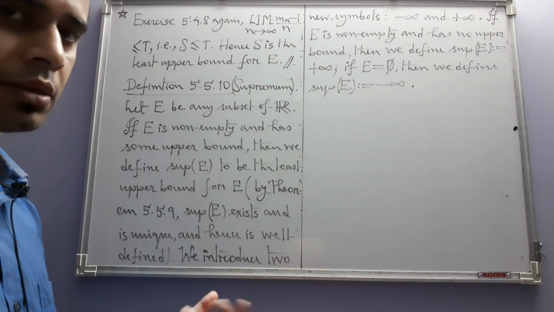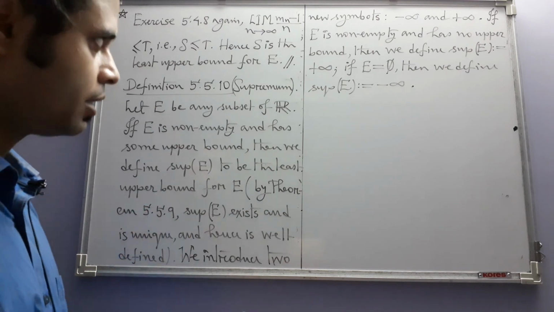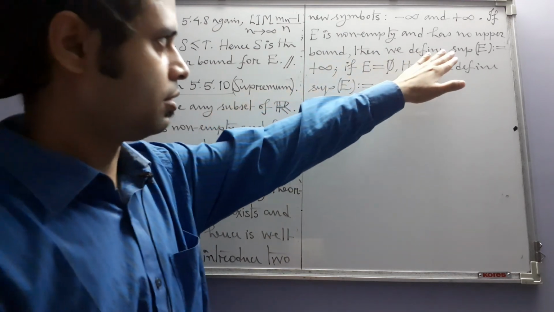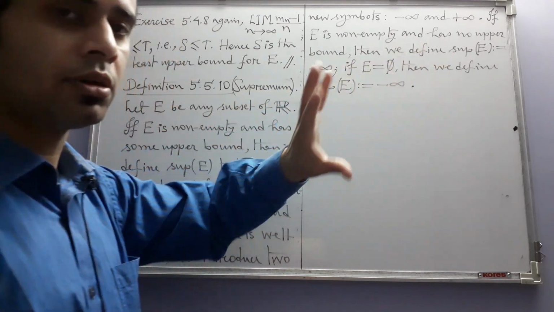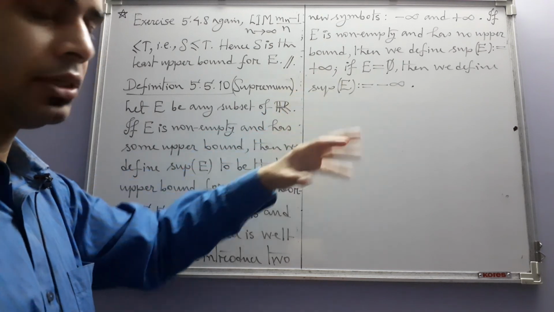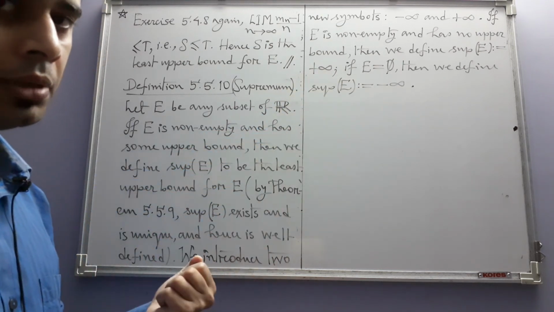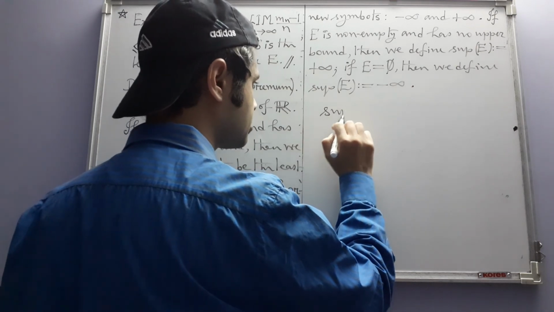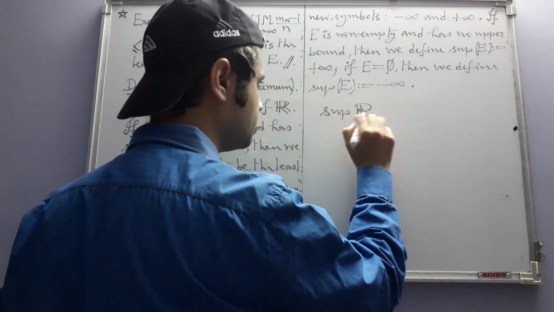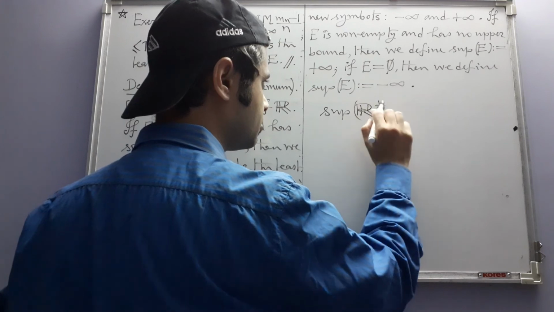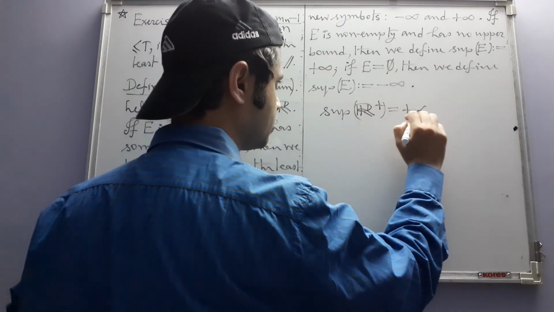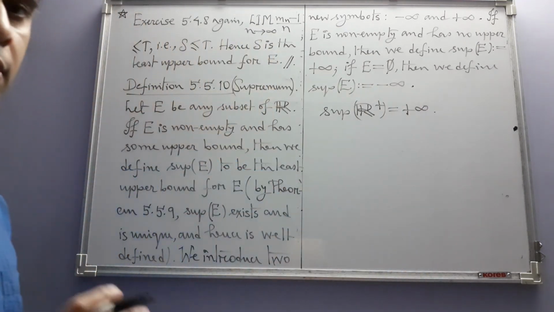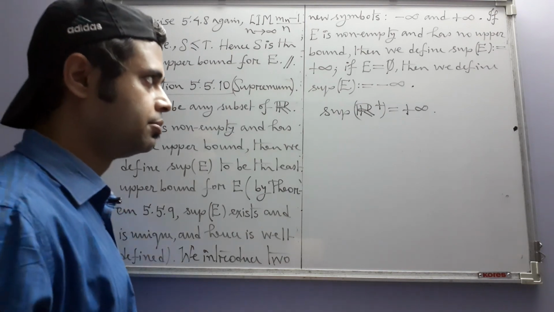These are not just some abstract symbols. There we will have upper bound of a set equal to plus infinity that will take on a different meaning. For example, in the extended real number system, this has a meaning of its own.